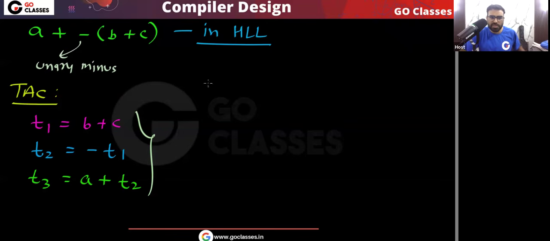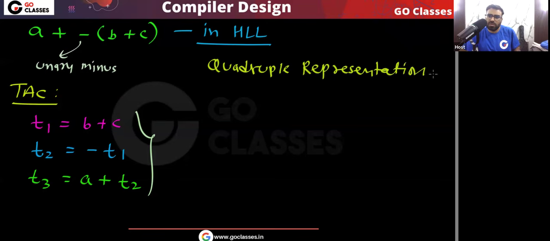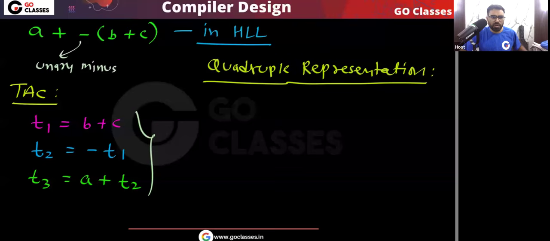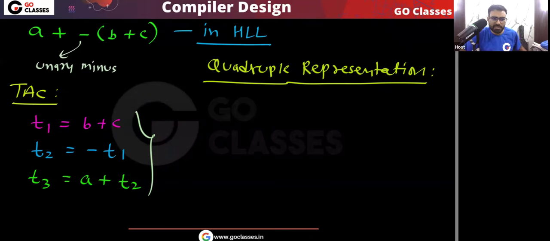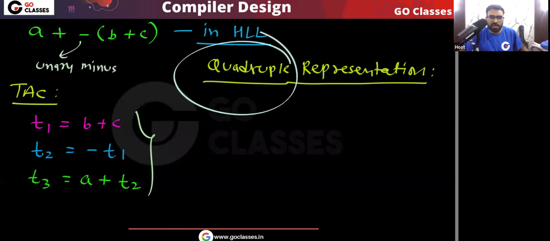So first let me represent this three address code using quadruples. What will be the quadruple representation? In the quadruple representation, I told you what is quadruple. Basically this representation is an array of records.